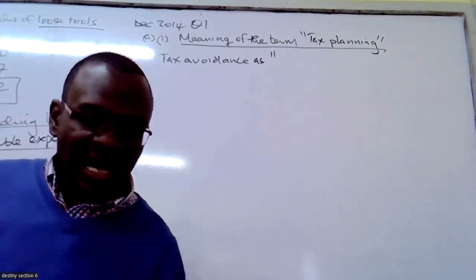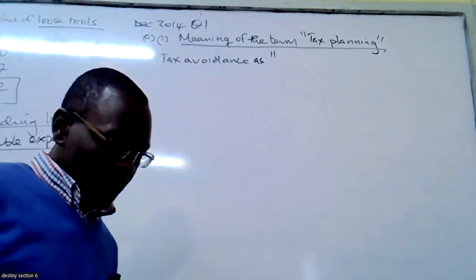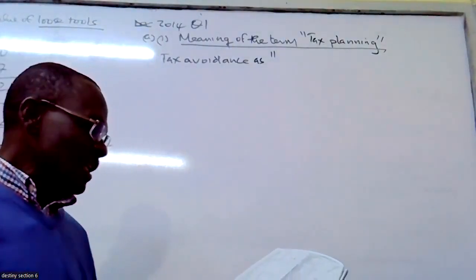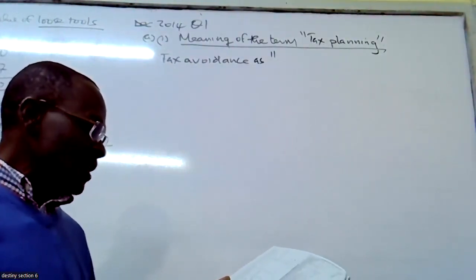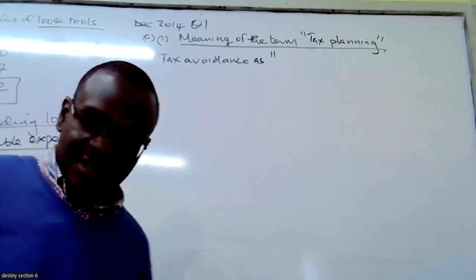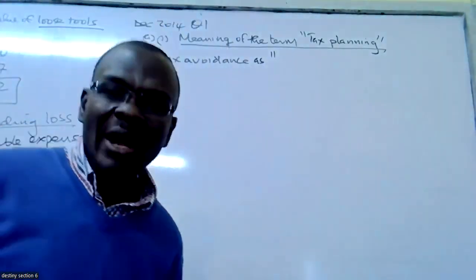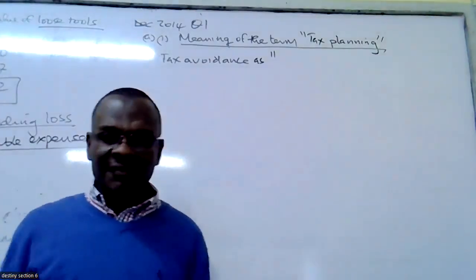So that can be our attempt at Roman 1, the meaning of tax planning for 2 marks. Then Roman 2 says, outline 4 reasons why enterprises engage in tax planning. Why do enterprises engage in this activity?